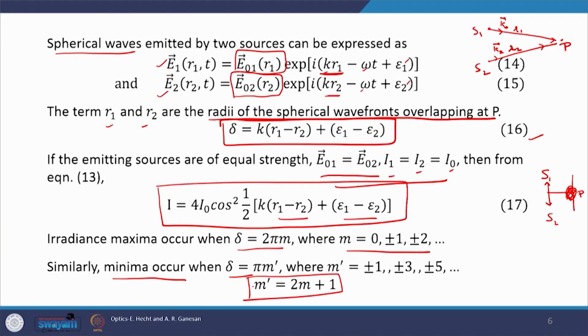We can relate m and m prime with this relation. In the second case, del is an odd integral multiple of pi, while in the first case where we are seeking maxima, del is an integral multiple of 2 pi.